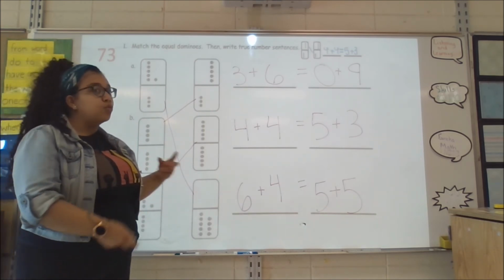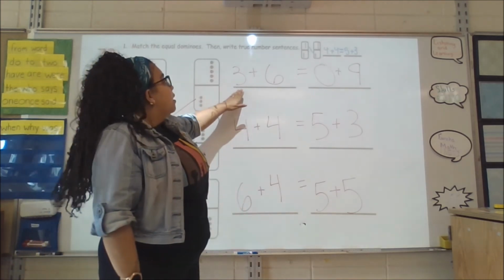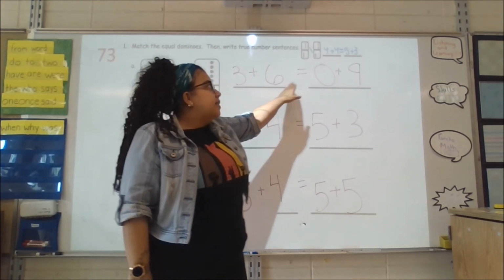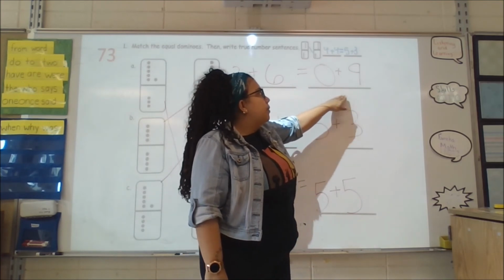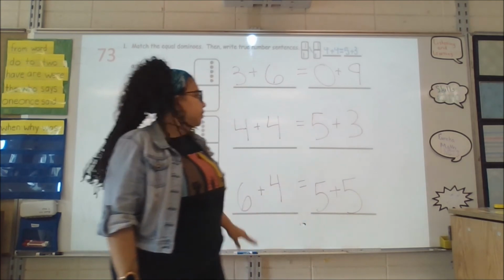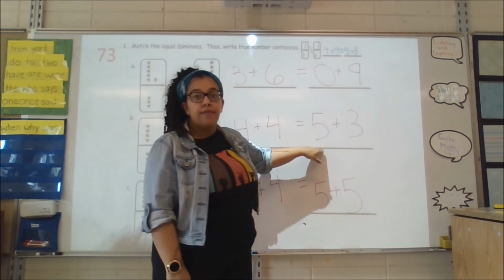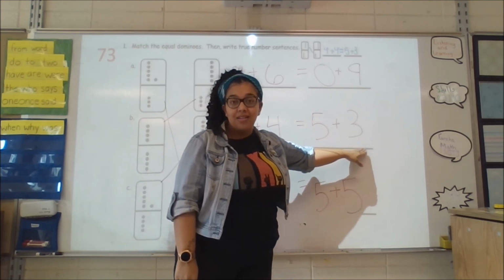And for what we see, let's read these number sentences as they are written. 3 plus 6 is equal to 0 plus 9. Does that check out? 4 plus 4 is equal to 5 plus 3. Does that check out?